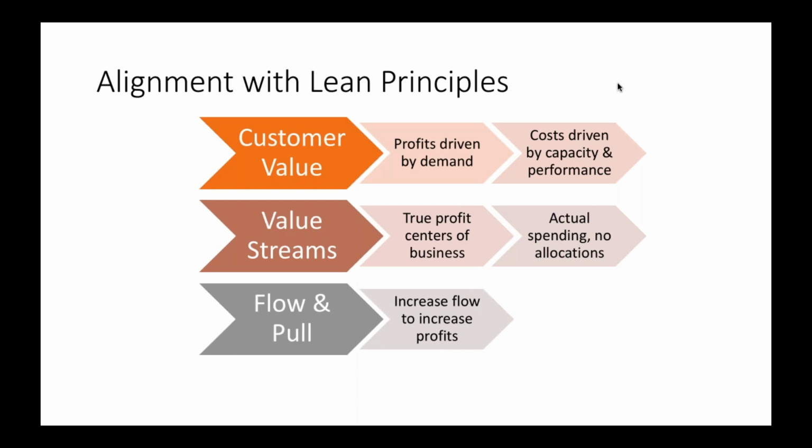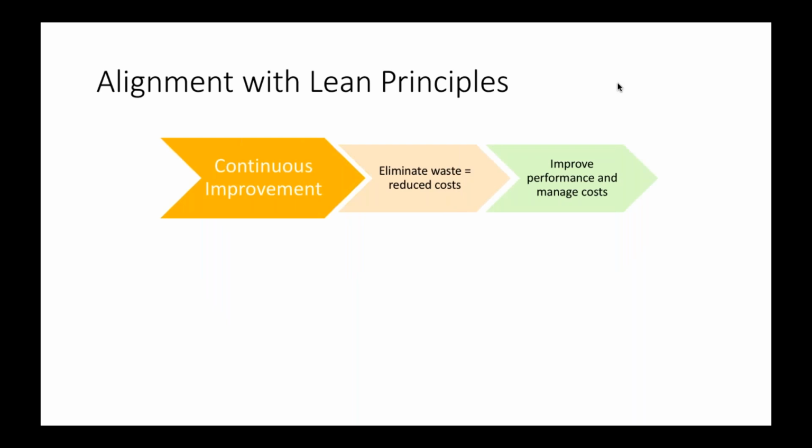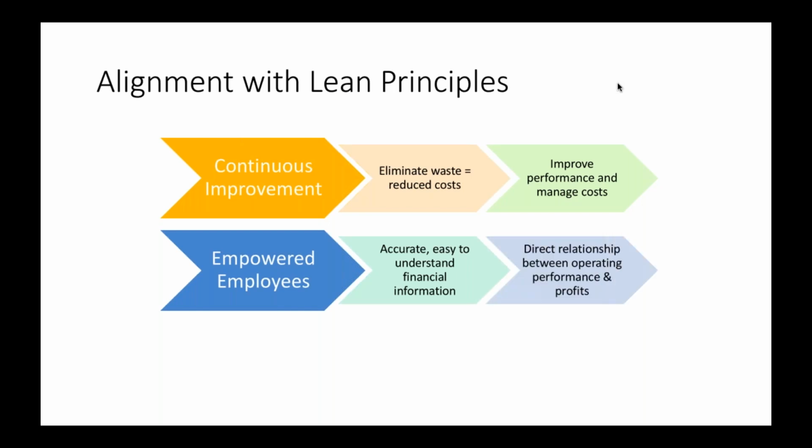Flow and pull: increase flow, increase profits, increase flow to manage your costs. Continuous improvement eliminates waste, improves performance, and manages costs. We empower our employees through easy to understand and accurate financial information, operational accuracy, and we create this direct relationship between operating performance and profits. So that wraps things up.